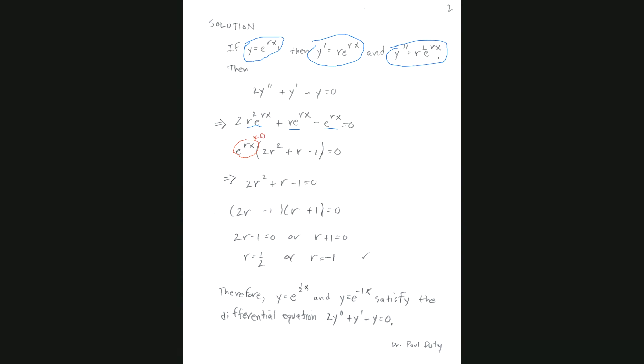So that means that our values of r have to come from this second factor. We need to explore where that second factor equals 0. 2r squared plus r minus 1 equals 0.